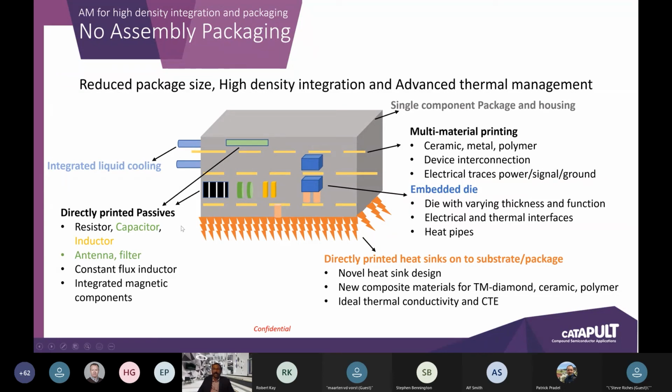Already, additive manufacturing technology has shown we can directly print resistors, capacitors, inductors, and also antennas and filters. So can all these things be put into one package using a single machine or multiple machines in one or two stages? And along with that, if we can integrate liquid cooling solutions, that will make a perfect packaging solution for advanced systems.